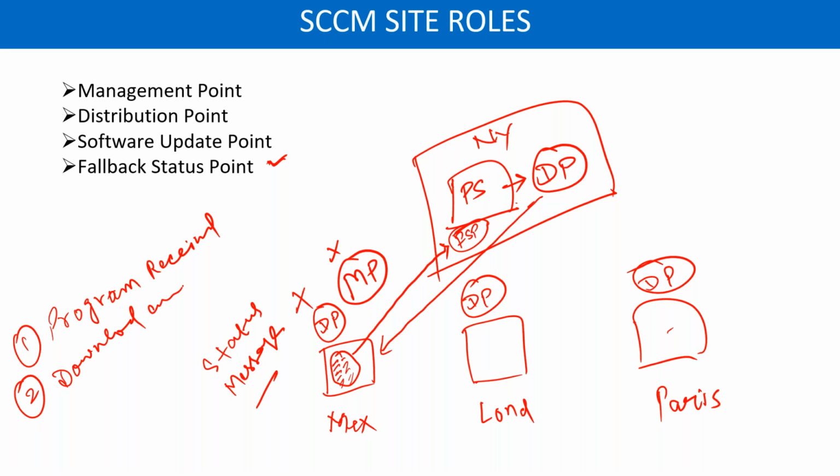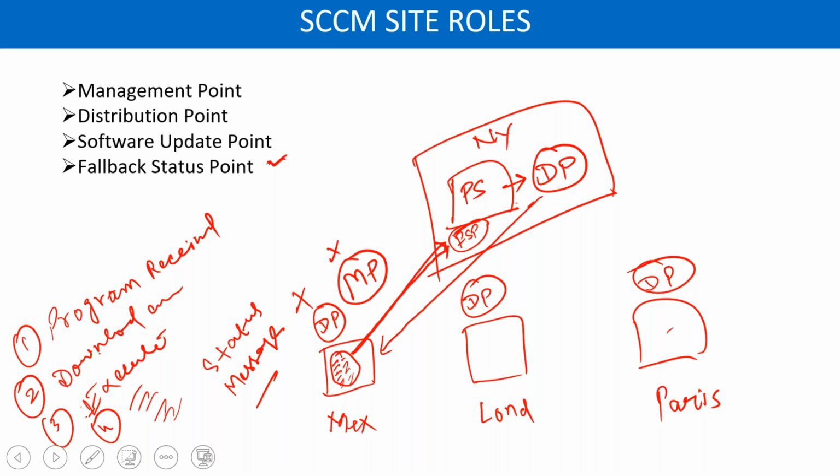It will download the content. Third status, it will start executing. Fourth status is the post installation task. These are status messages. Each and every status message is basically collected by the management point, but if the management point is down, the devices can send the status message to the fallback status point. Understood? Clear?